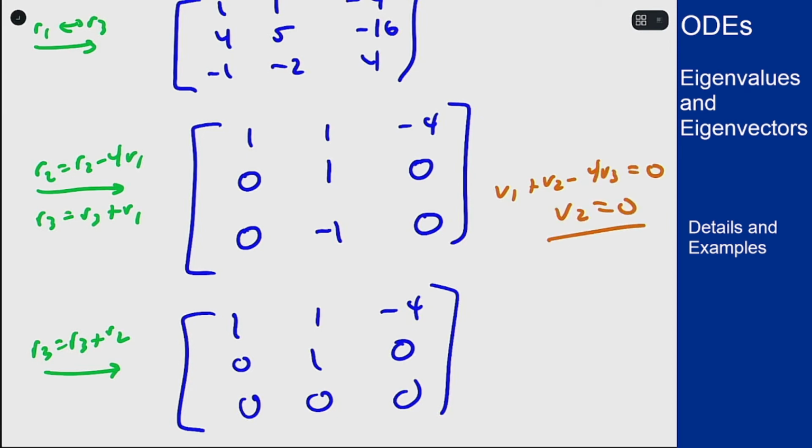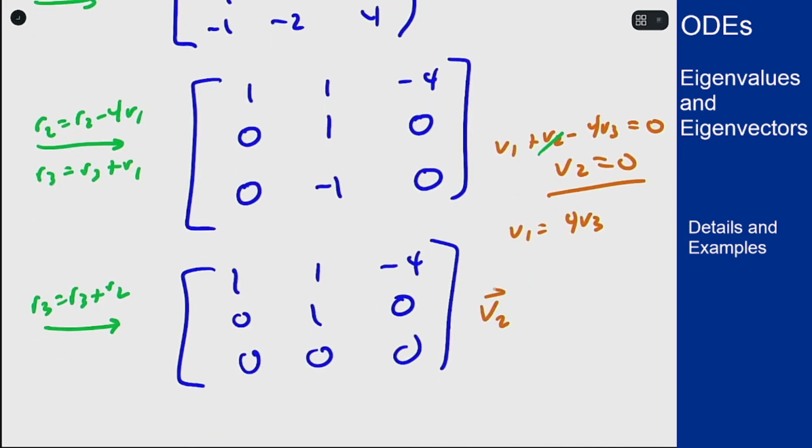So v2 is 0, this term is gone, and I'm left with v1 equals 4v3. So if I pick v3 to be 1, v1 is then 4, and so my eigenvector, vector v2, is going to be 4, 0, 1 for this eigenvalue.